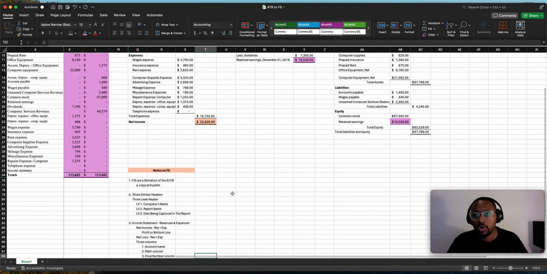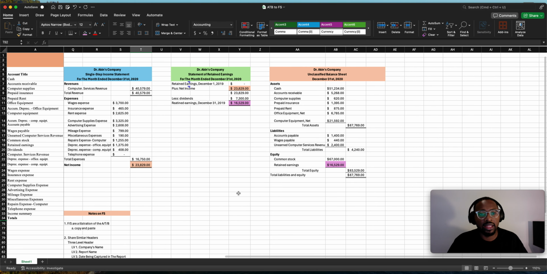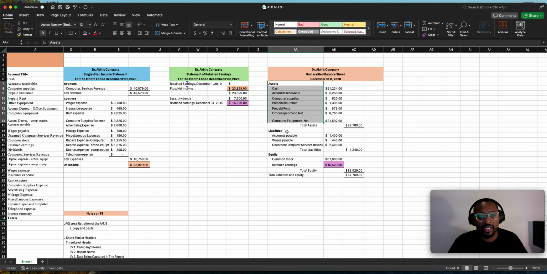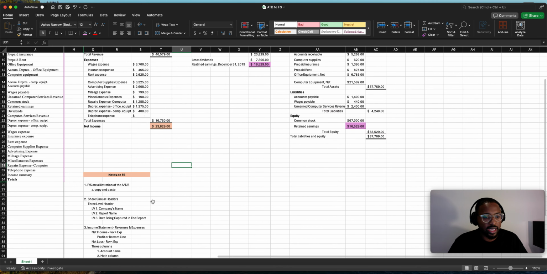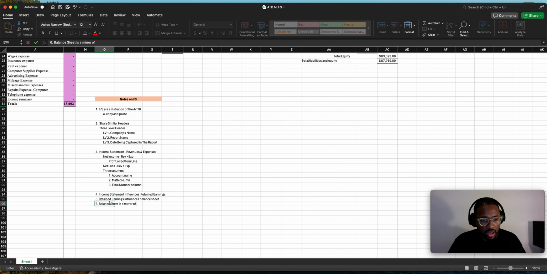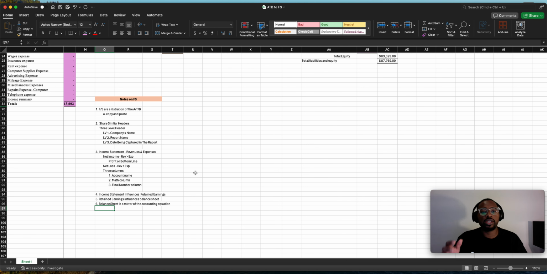All right, cool. So now let's look at the balance sheet. The balance sheet is made up of assets equals liabilities plus equity. So I do want to put that on there, right? The balance sheet is a mirror of the accounting equation. Again, if you don't know about the accounting equation, please refer to my previous videos where I talk about the accounting equation made simple.